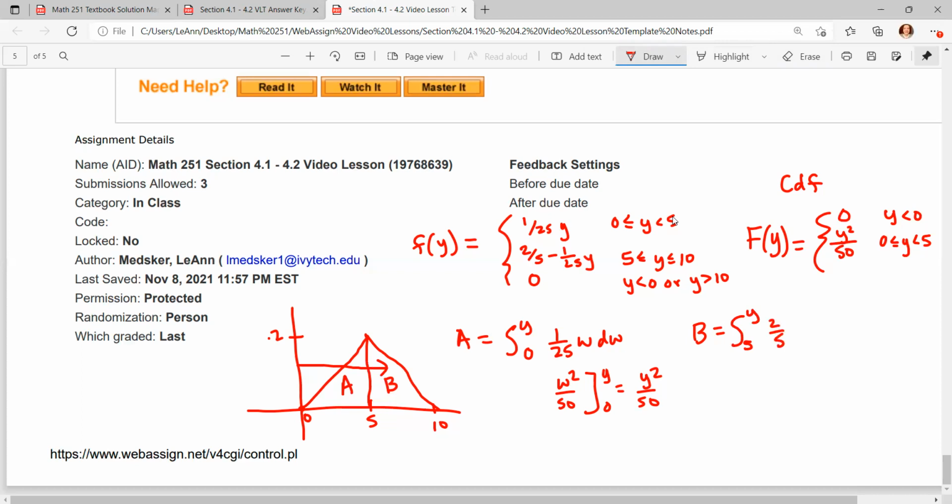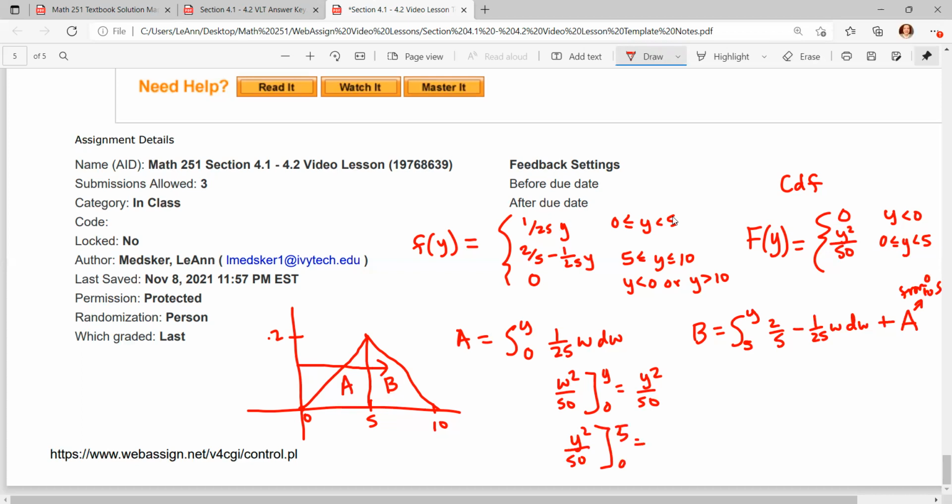And this one's the 2/5 minus the 1/25 W dW plus our area of A evaluated from 0 to 5. Okay. So we are going to need that area. Now, if you plug that into what we just got, we can get that accumulated area and know what the full area is for that region, which we just did when we were doing the previous problem.